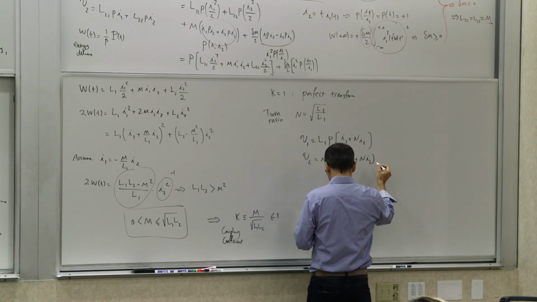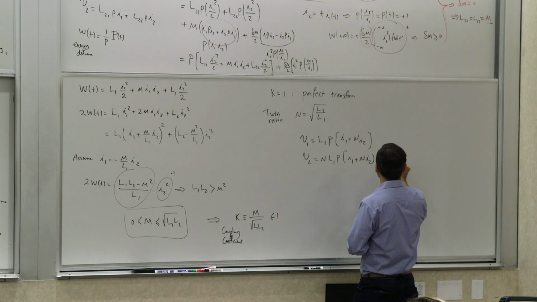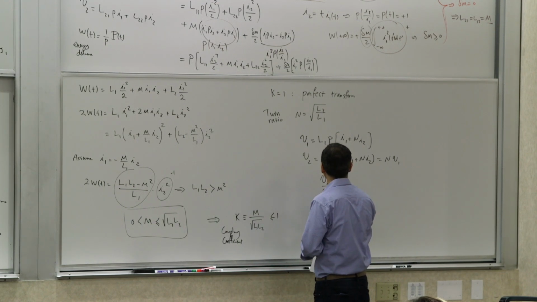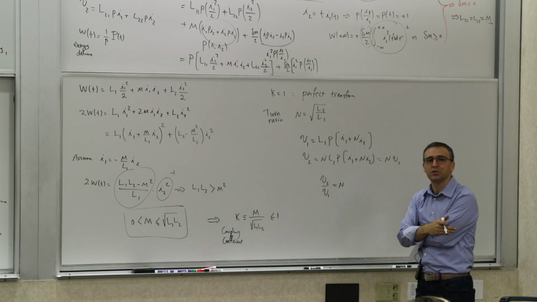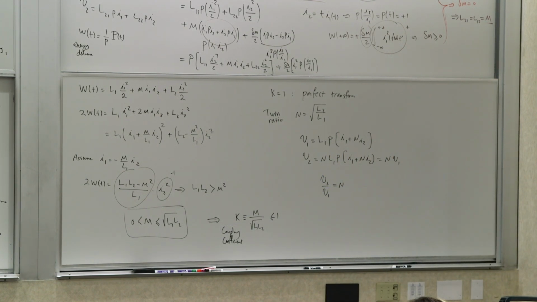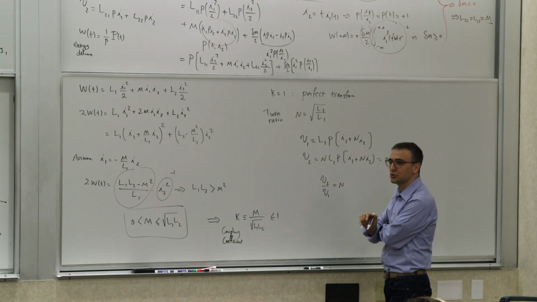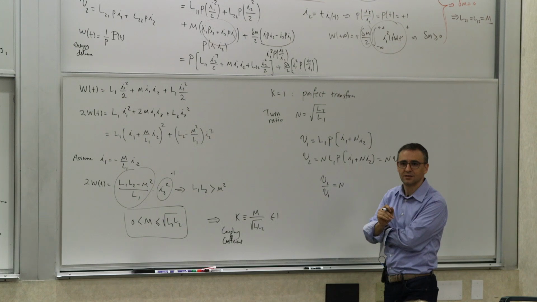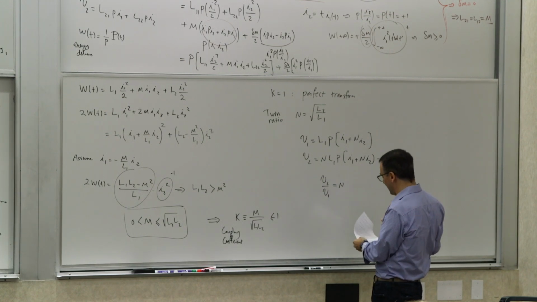Which basically means that if you look at it, it's nV1. So V2 over V1 becomes n. The ratio of the voltages for a perfect transformer is determined only by the turn ratio. If you have perfect coupling, the secondary voltage and primary voltage are only related through the turn ratio, which is the square root of the ratio of the inductances. So this is a perfect transformer.